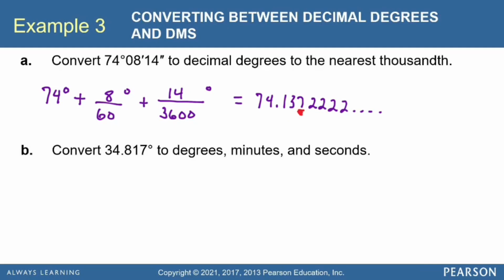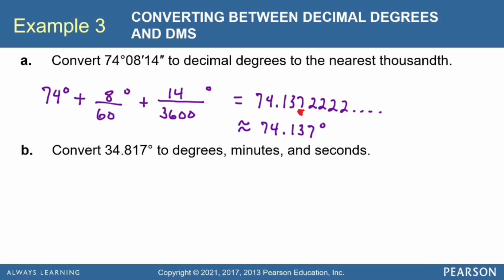So when we round, we will have 74.137 degrees. Now I've used the squiggly equal mark here to show that rounding has taken place. That won't matter at all for you in MyLab, but it is good practice when you're writing that if you've done any rounding, try to remember to use the squiggly equal mark. That means approximately instead of exactly equal.